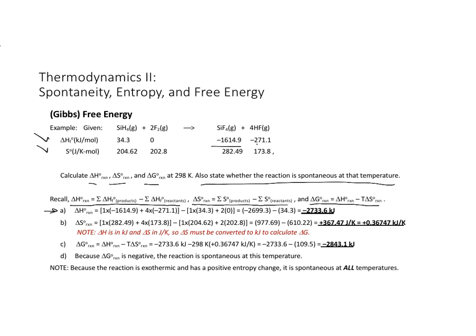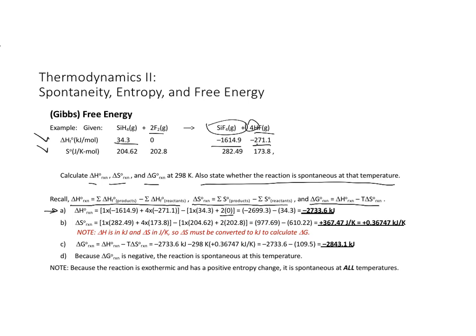It's my products, so 1 times negative 1614.9 plus 4 times negative 271.1. Those are my products, and I subtract the reactants: 1 mole's worth of enthalpy for the silane, 34.3, and 2 times 0. That's an element in its standard state.